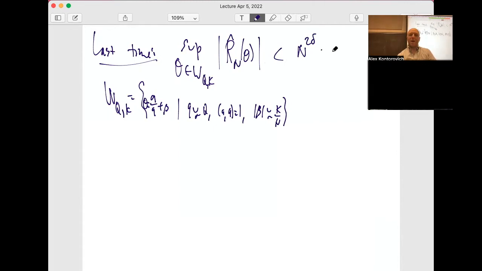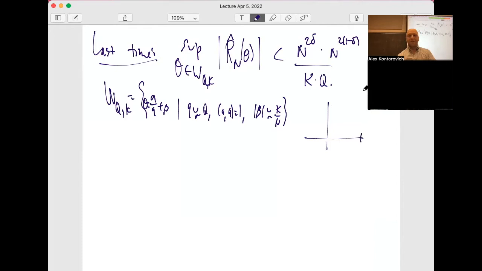There was a bound of something like n to the 2 times 1 minus delta, so something that's going to be small if delta is close to 1. And then what we want is a factor of k times q. And that was enough to get a bound.